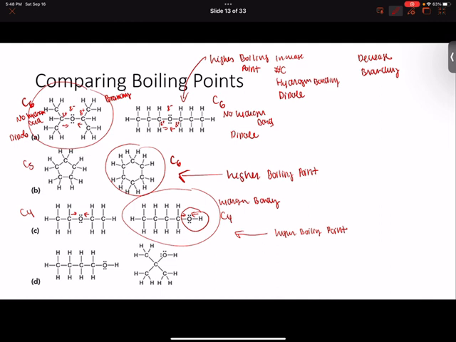And then we can look at letter D. So let's see, we have 1, 2, 3, 4. We have 1, 2, 3, 4. We have hydrogen bonding, hydrogen bonding. They both will have the same dipole because it's OH.